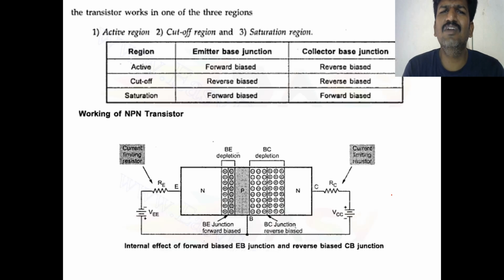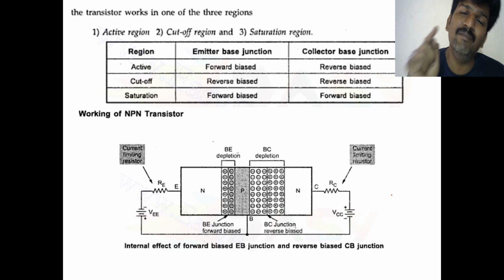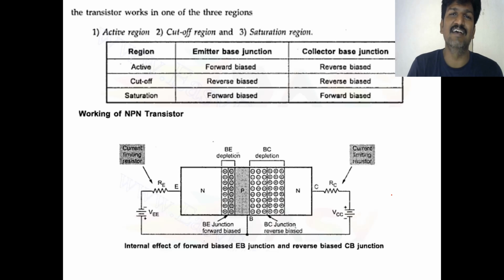To make the base to emitter junction conduct, you need to forward bias it by applying the proper polarity voltage. And for the active region, the collector to base junction is reverse biased. That means you have to apply the proper polarity of voltage to make that particular PN junction work in reverse bias.